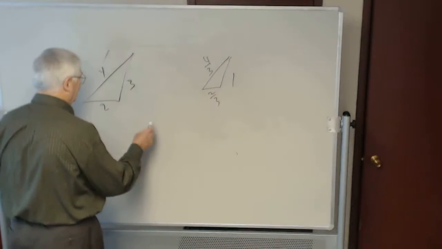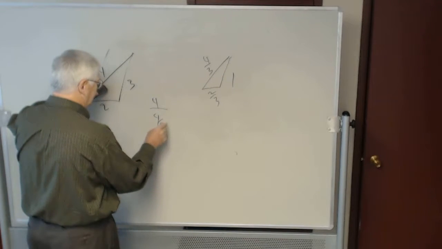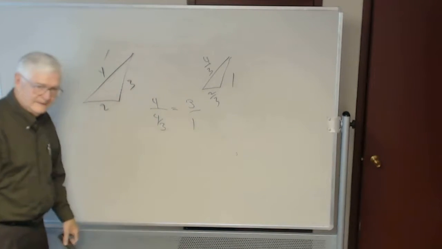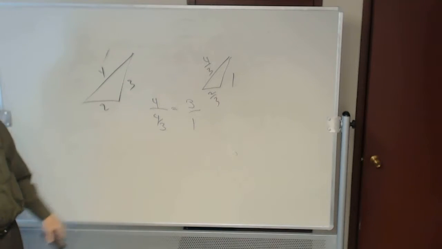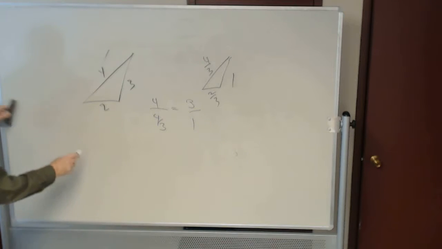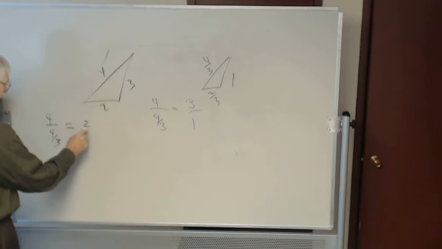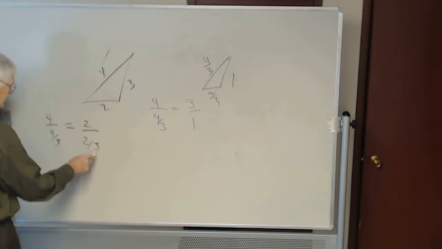Now, if they're similar, then 4 over 4/3 has to equal 3 over 1. Do you follow me? And 4 over 4/3 has to equal 2 over 2/3.